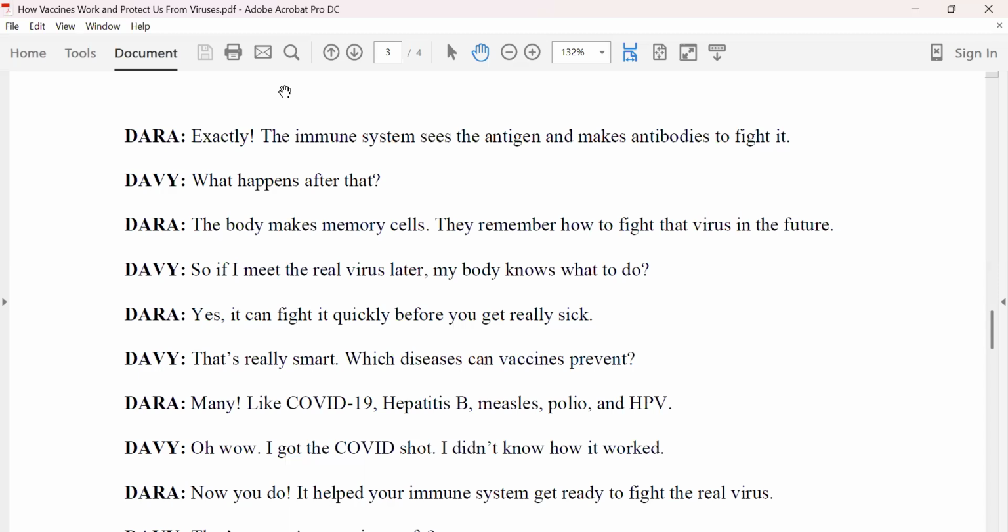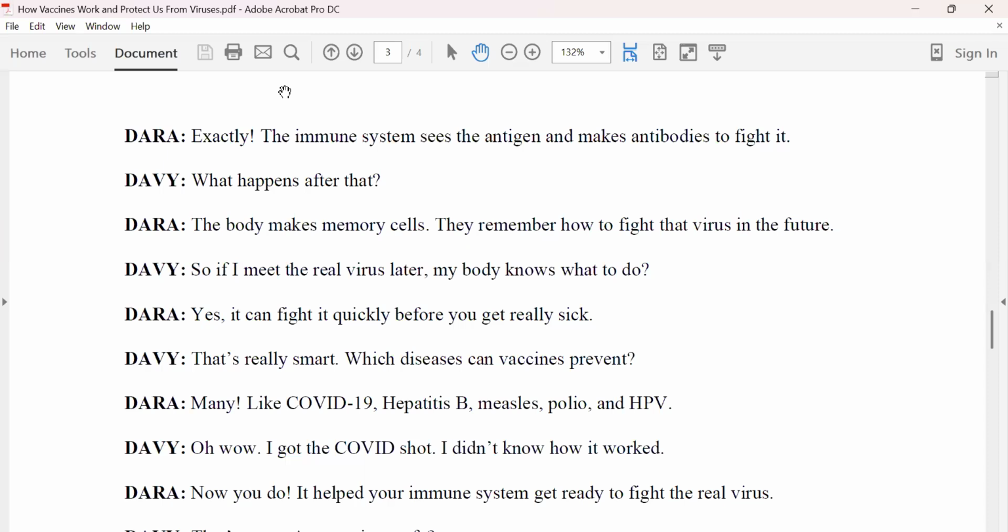That's really smart. Which diseases can vaccines prevent? Many, like COVID-19, hepatitis B, measles, polio, and HPV.